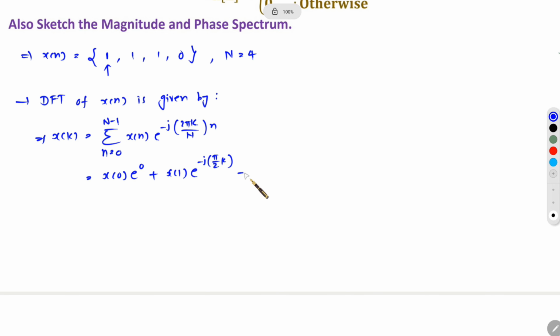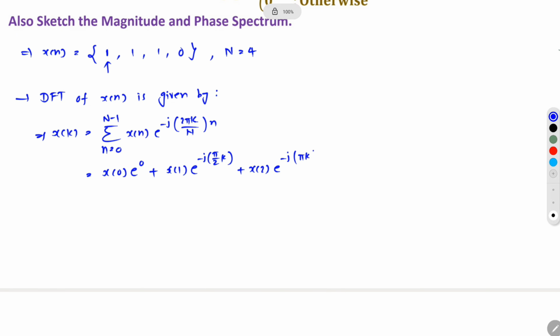So we'll have x of 2 into e to the power minus j, where capital N is 4 and small n is 2. So 2 pi into 2 divided by 4 makes pi k. Then we have x of 3 and e to the power minus j 2 pi into 3, which means 6 pi by 4, that is 3 pi by 2 into k.